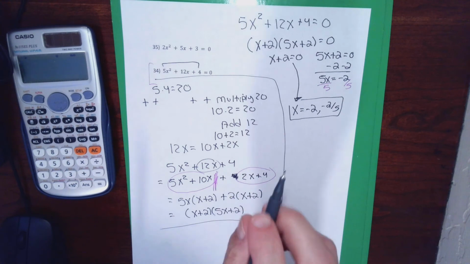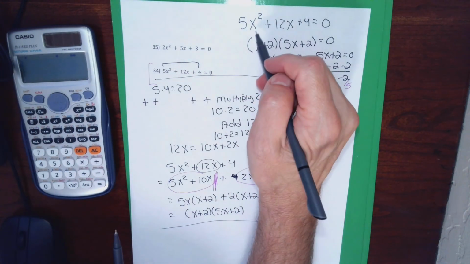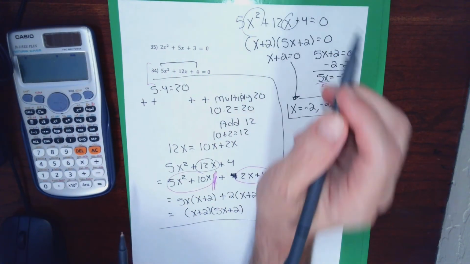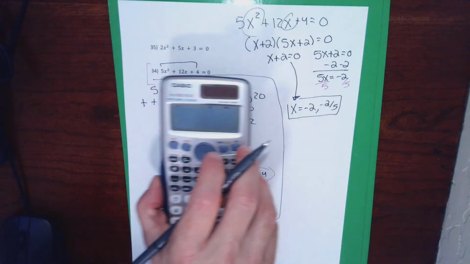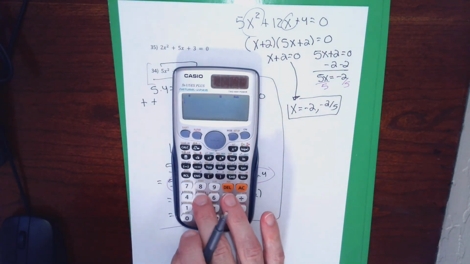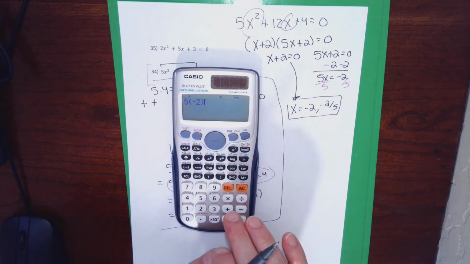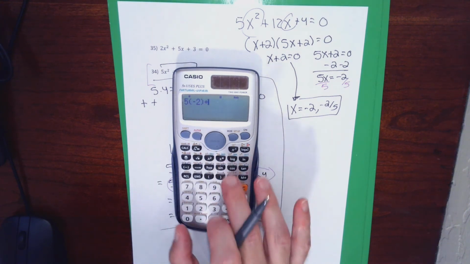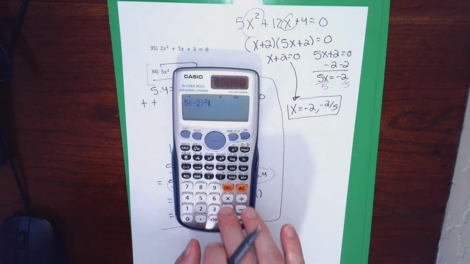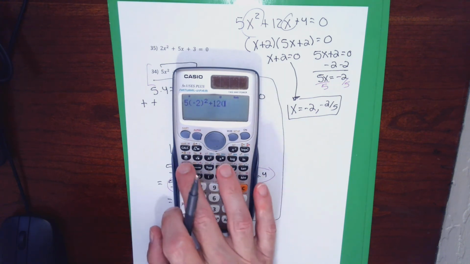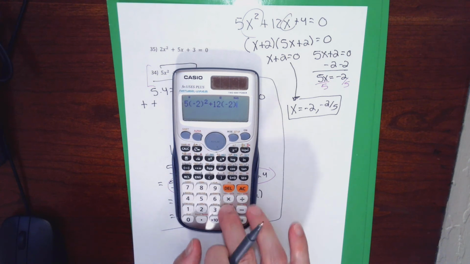And now I'm going to check each by going into the very original problem and changing the x's to each of the potential solutions. So I'm going to go to the 5x squared plus 12x minus 4 and first change both x's to negative 2.